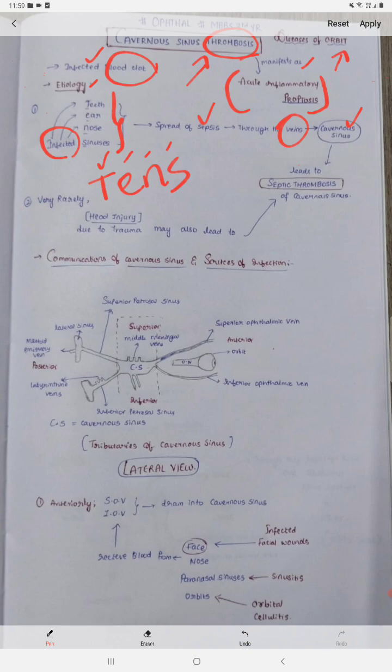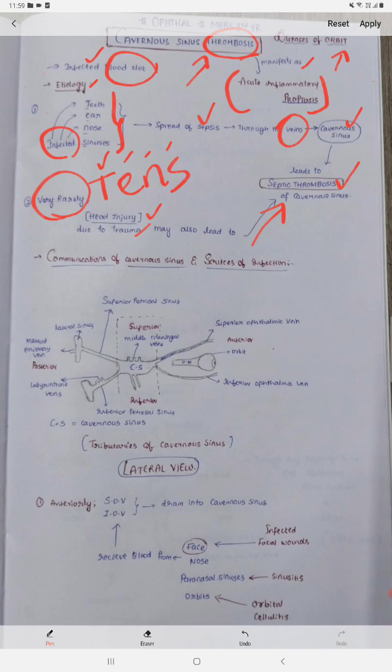Ultimately all the blood in the veins drains into the cavernous sinus, and along with the blood, the infection also spreads from these parts into the cavernous sinus, leading to septic thrombosis of the cavernous sinus. This is the main etiology. Very rarely we see head injury; trauma to the head may also lead to septic thrombosis of the cavernous sinus. The main etiology is sepsis.